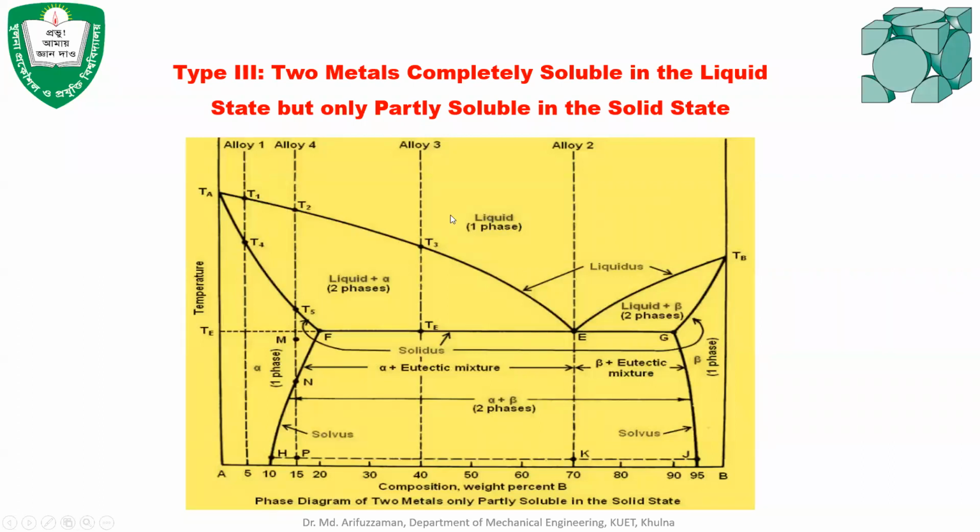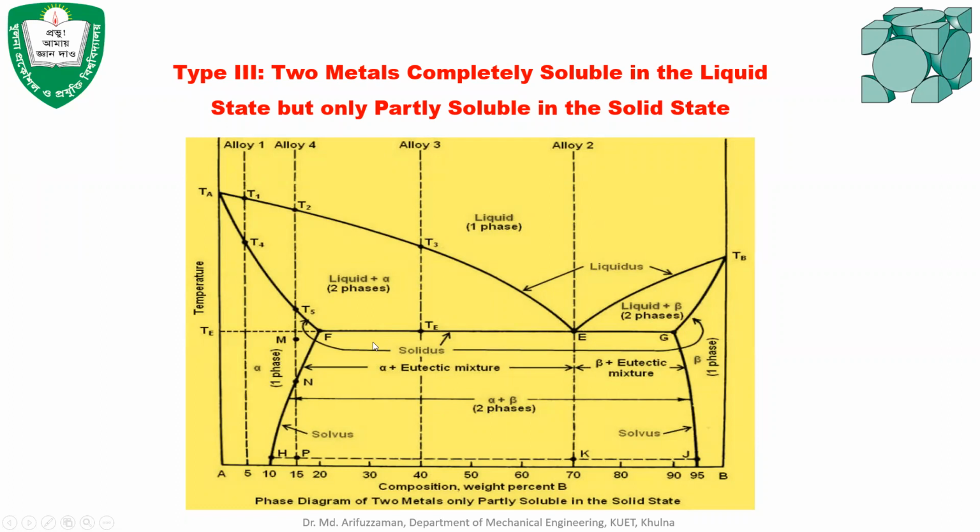It also behaves similarly to the type 2 diagram, like when metal B is mixed with metal A, then the melting point temperature drops and it meets at a point which is called the eutectic point, and the same occurs for element B, in which case if element A is added to element B, then the melting point temperature drops, and this drop meets at a certain composition, and that composition is called the eutectic composition, and the temperature at which the eutectic mixture melts or gets solidified, which is a constant temperature, is called the eutectic temperature.